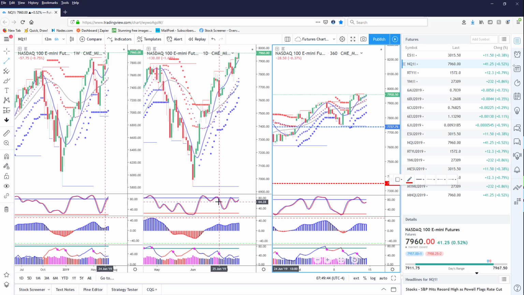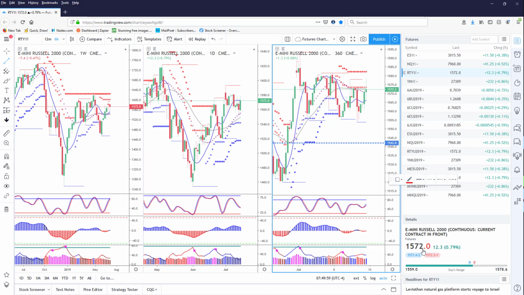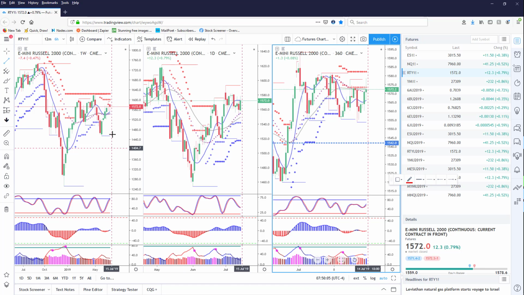If you do take a short, then you need to have the setup very clear. And that means you need a bearish bar, then go down and confirm it with your lower time frames for entry.